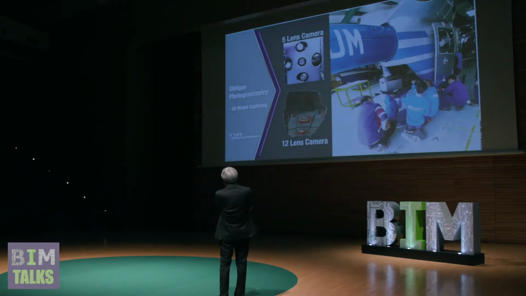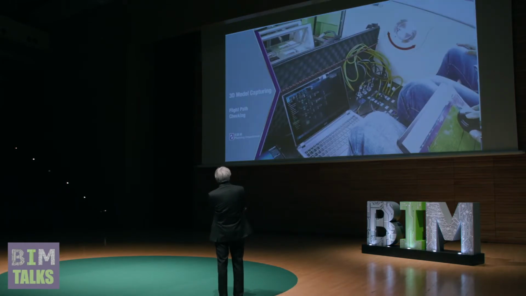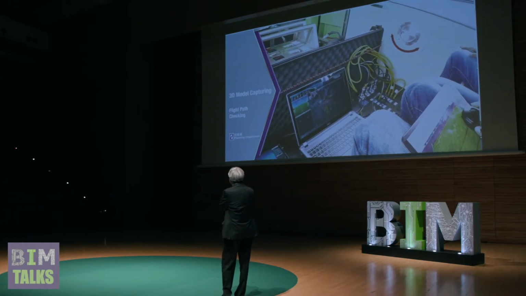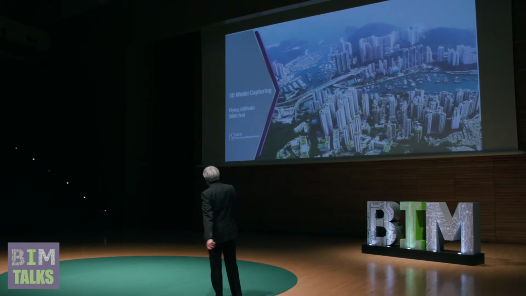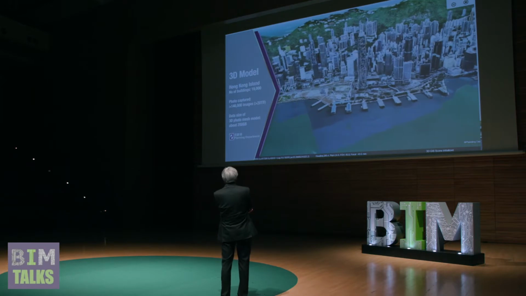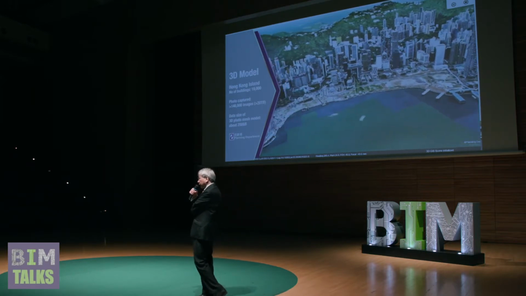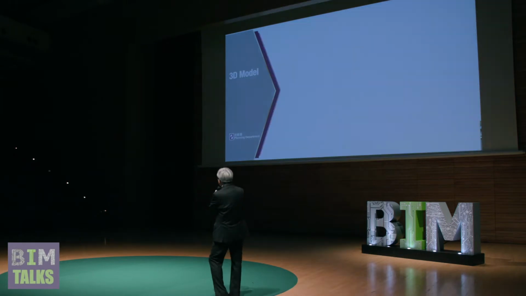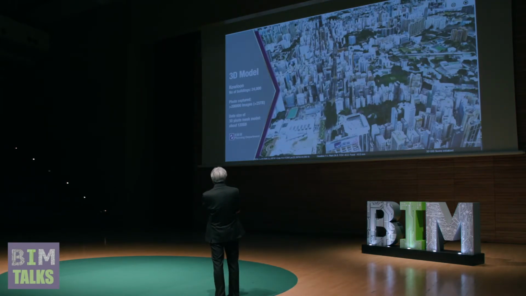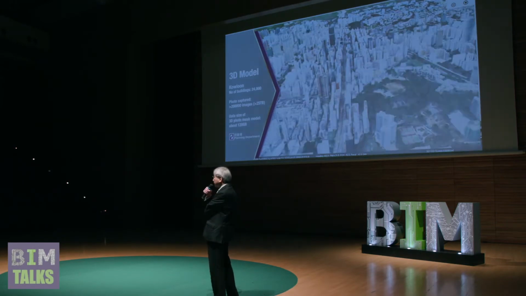Now this is the helicopter that does the data capture. It flies about 2,000 feet above ground. The data capture takes only a few weeks. It captured the Kowloon side in 2018, Hong Kong side in 2017.